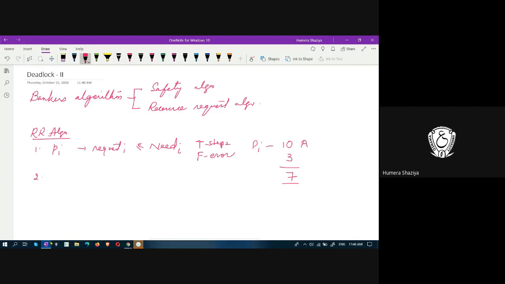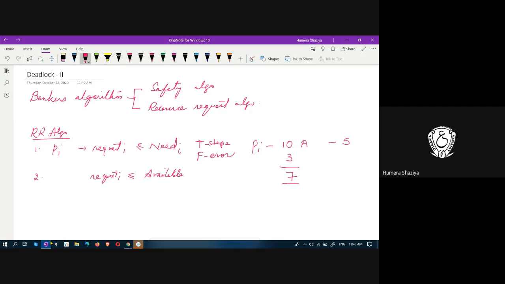Then in step 2, the request made by process I is compared with the available resources. When PI is making a request for 7, and if the resources available are 5, then this request cannot be fulfilled at that particular time.